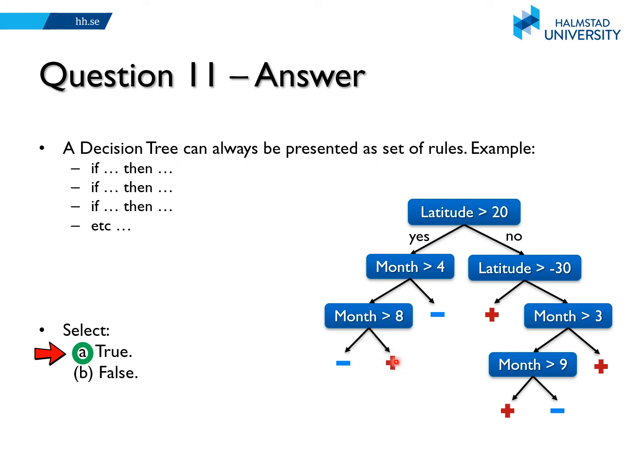So for example, this prediction here, this part can be presented as: if the latitude is larger than 20 and the month is between 4 and 8, then predict the positive class, and so on.